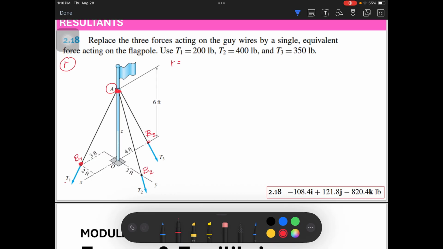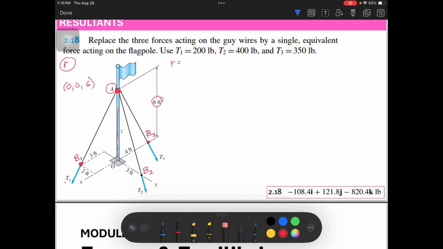So, ano muna yung coordinates ni point A? So, coordinates ni point A ay meron ba siyang X? Wala siyang X coordinate, so 0. Meron ba siyang Y coordinate? Wala din, so it's 0. Meron ba siyang Z coordinate? Meron, and that is 6 positive since nasa positive siyang axis ng Z.